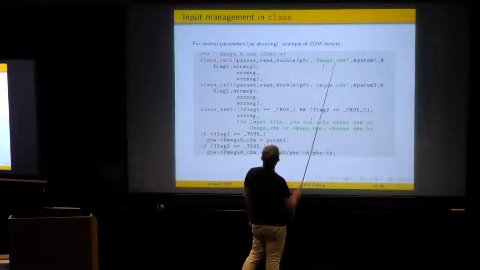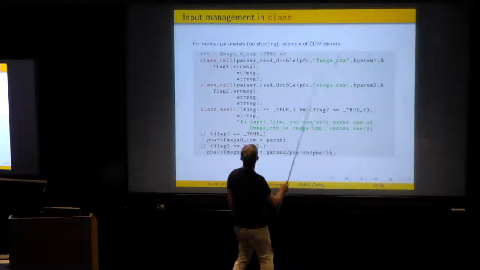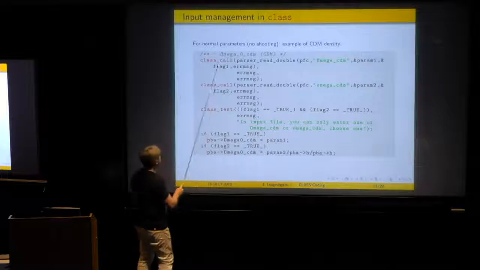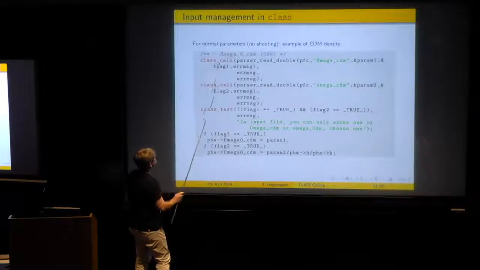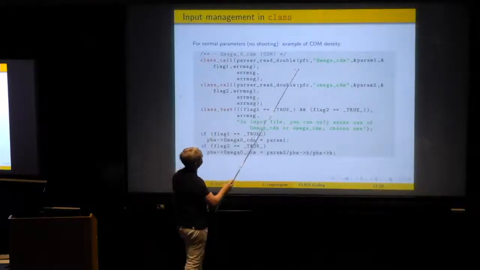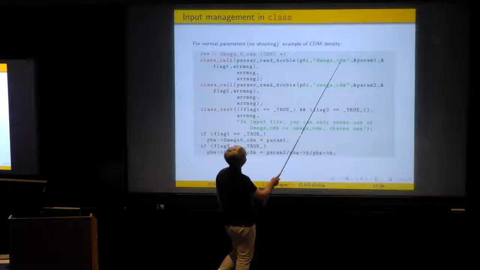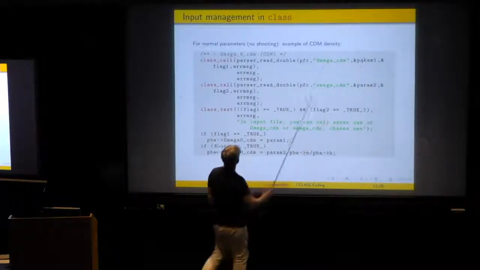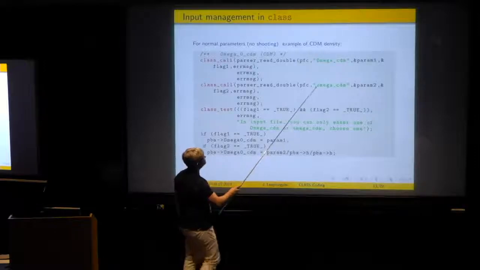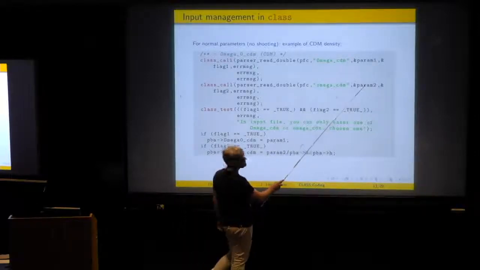And if this string is found, it will be written in this variable, and the flag will be set to true. Otherwise, it will be set to false. And the rest is for error management. So it does this, and so it means that if in your file content there was a big omega_cdm, it will be written in param 1. And the second line says that if there is a small omega_cdm, it will be written in param 2.